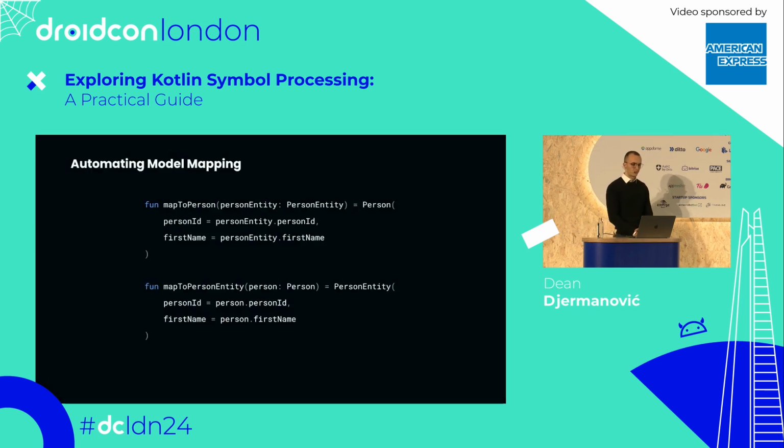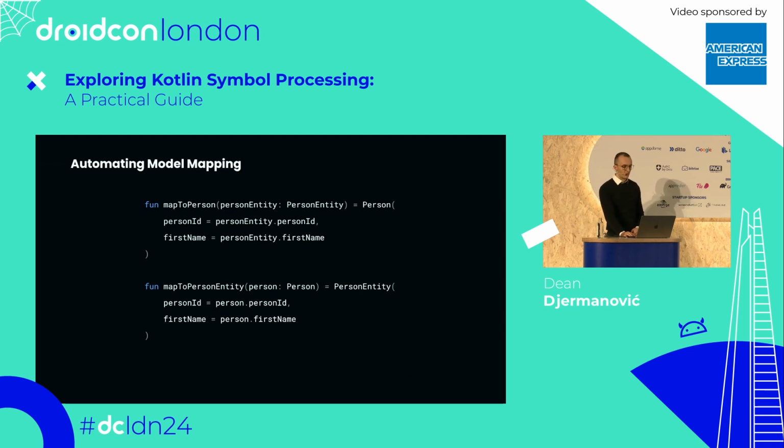Since we have two types of models, we also need a way to map between them. And for that, we need these two mapper functions. The first function maps from the database model to the domain model, and the second one maps from the domain model to the database model.